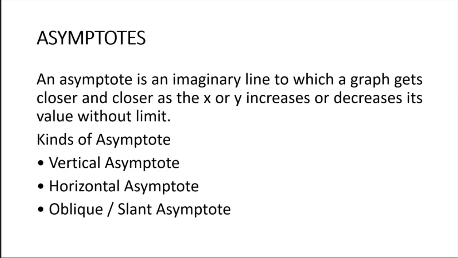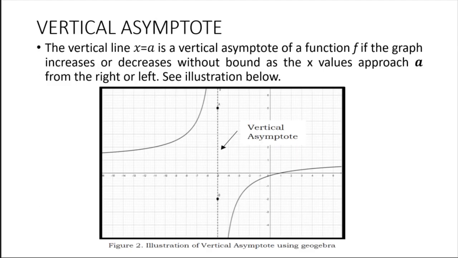Now let's proceed to another lesson, asymptotes. What is an asymptote? An asymptote is an imaginary line to which a graph gets closer and closer as x or y increases or decreases its value without limit. And of course, we have kinds of asymptote: first, the vertical asymptote, the horizontal asymptote, and the oblique or slant asymptote.